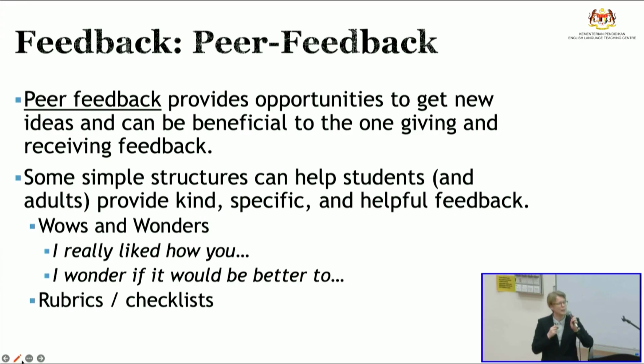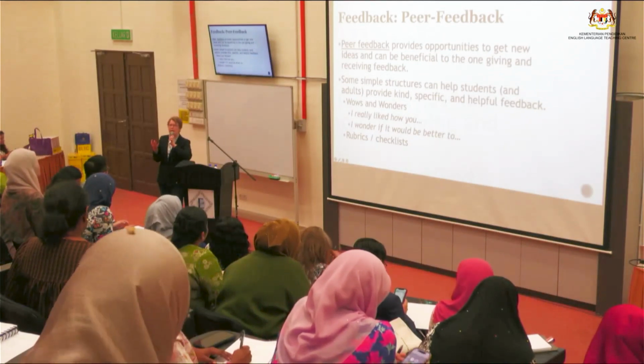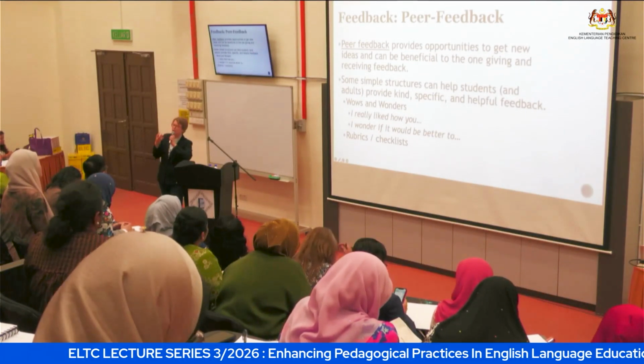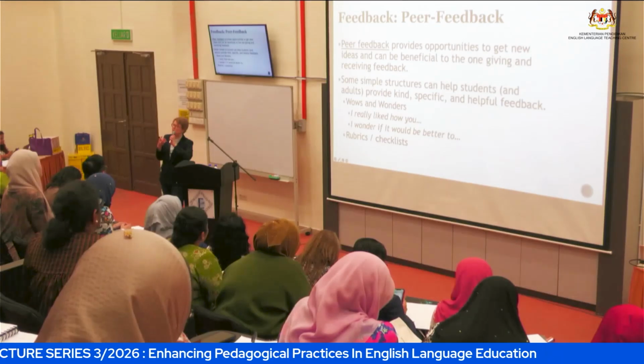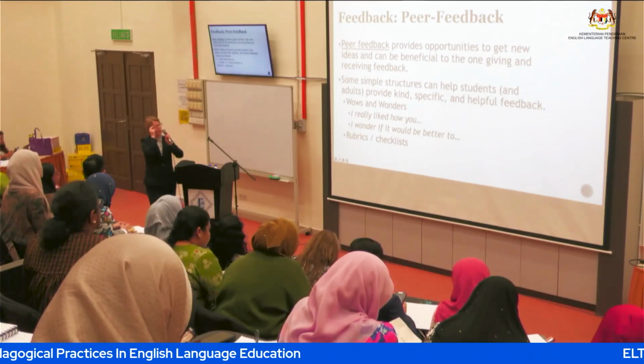It can be beneficial both for the student who's giving the feedback, but also for the one who's receiving. If you're receiving feedback, that improves your work. But if you're the one providing feedback, you're seeing models of how other students are doing the work, or it's a way of feeling like you have some expertise within the classroom and you can share that with your peers.